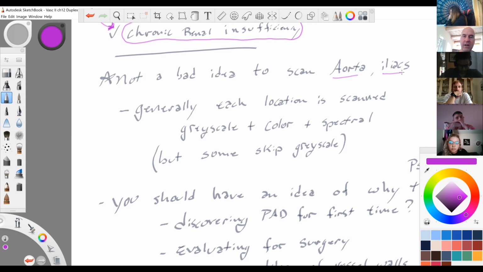So generally each area, and this is the same thing as before, let's just skip the aorta and iliacs. We'll start with the common femoral artery. Probably one location. Deep femoral artery, once. Femoral artery, 3 times, proximal, mid, distal.